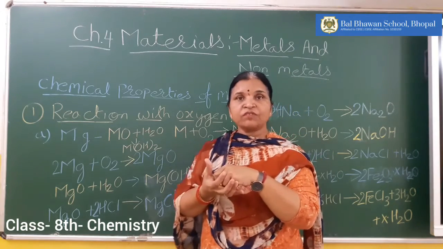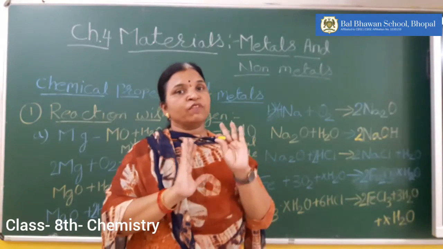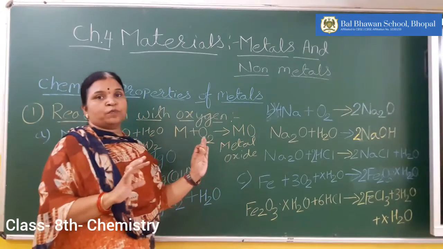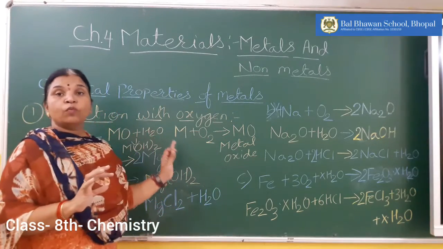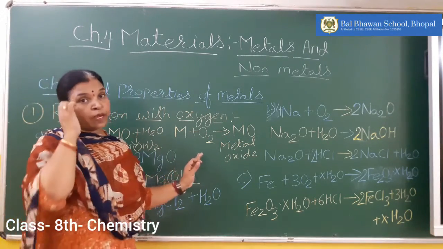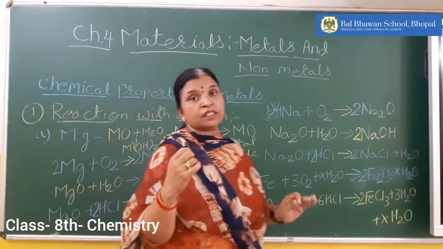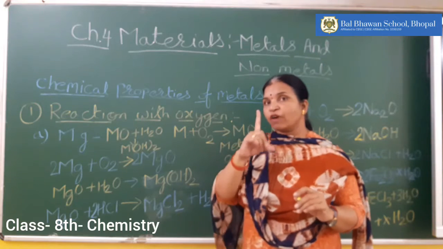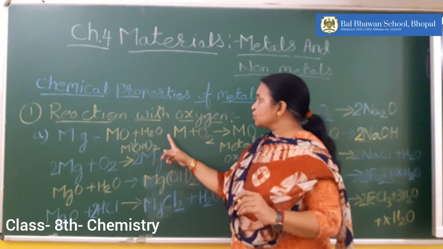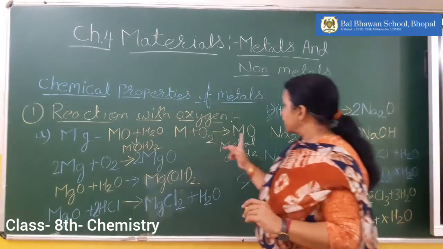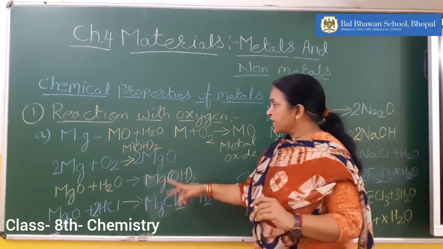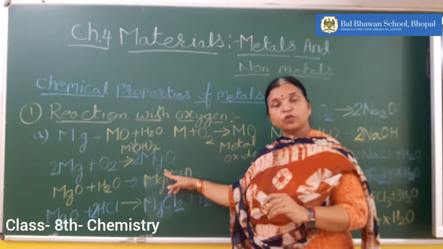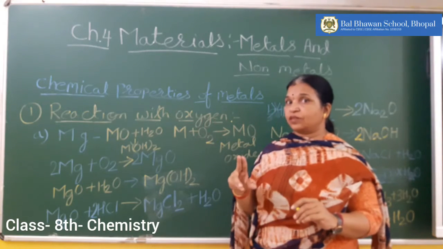I will observe that the blue litmus paper remains blue, but the red litmus paper changes its color to blue. That means the substance is basic in nature. This is one indication that the produced oxide is basic in nature. Here, magnesium oxide is produced, which is basic in nature.